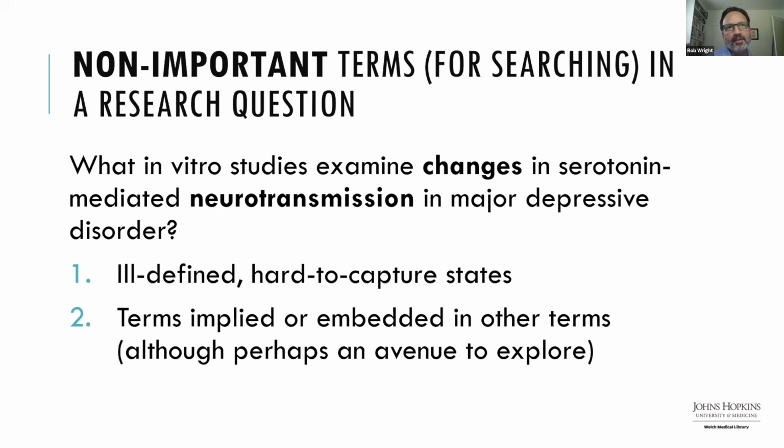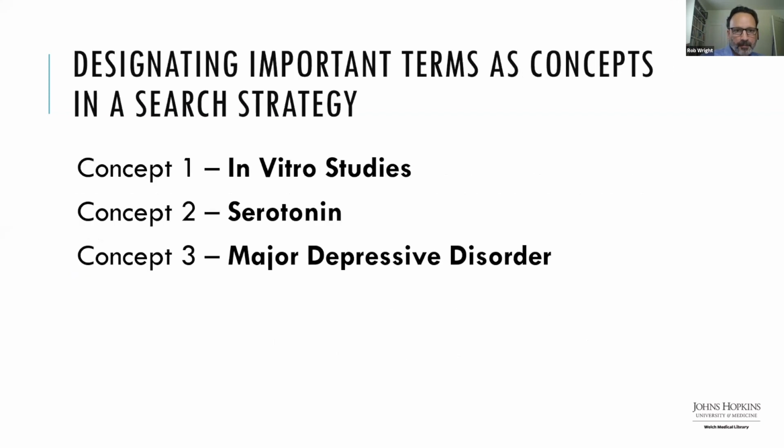But having the research question there, you can always circle back and maybe include a neurotransmission concept if you find that you're being overwhelmed with papers on serotonin major depressive disorder that are in vitro in nature. So what comes out of this process of looking at the research question are three main concepts: in vitro studies, serotonin, and major depressive disorder.